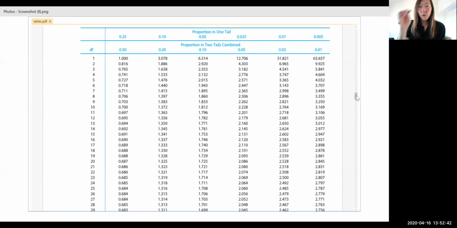I think I included a screenshot of this, but I can also include a packet of a whole bunch of statistics tables, which you won't need except for this one. This is called the t-distribution table. It would be in the packet I send, like the 5th page, and it's just one page.